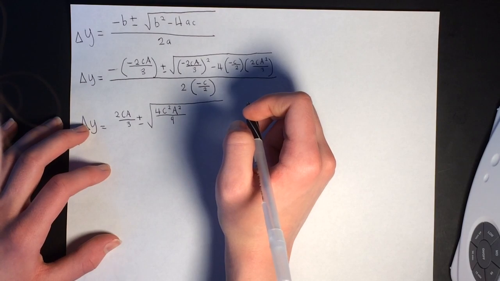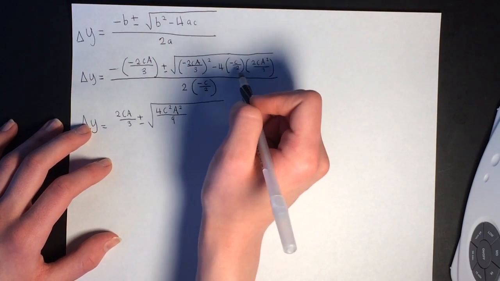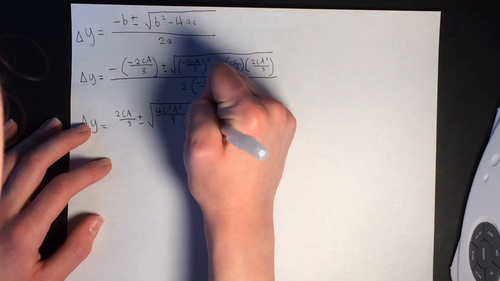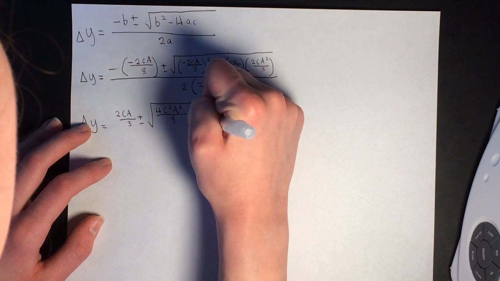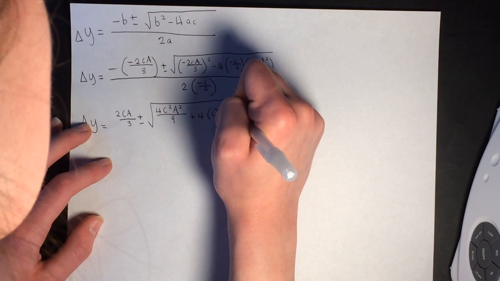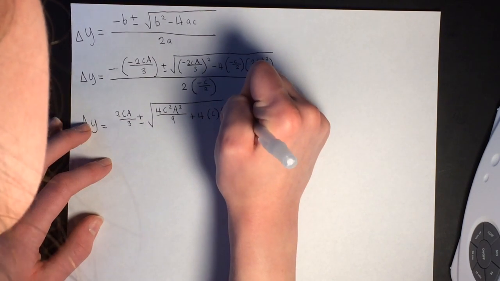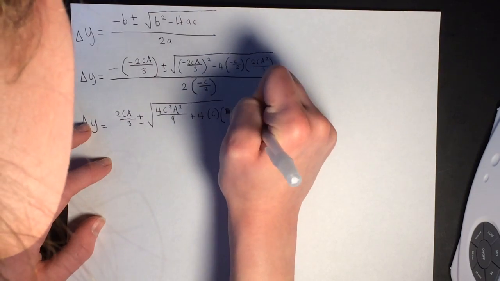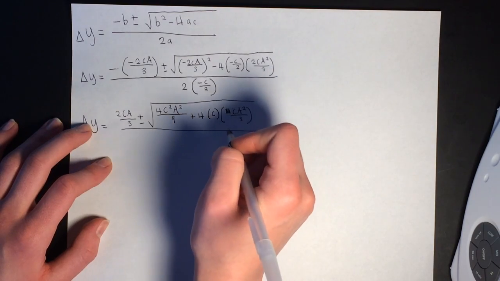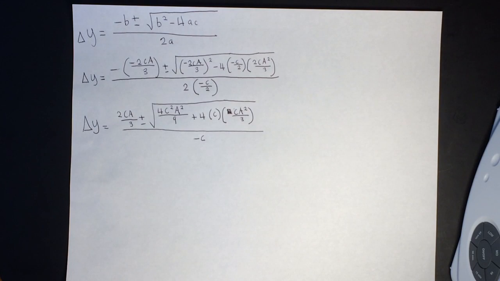And one thing that we can do here is there's a double negative, so it'll become a positive, and also we have a 2 divided by 2, so those can cancel out, and we get plus 4c times ca squared over 3, divided by, these 2's cancel out, and we just get negative c as the denominator.